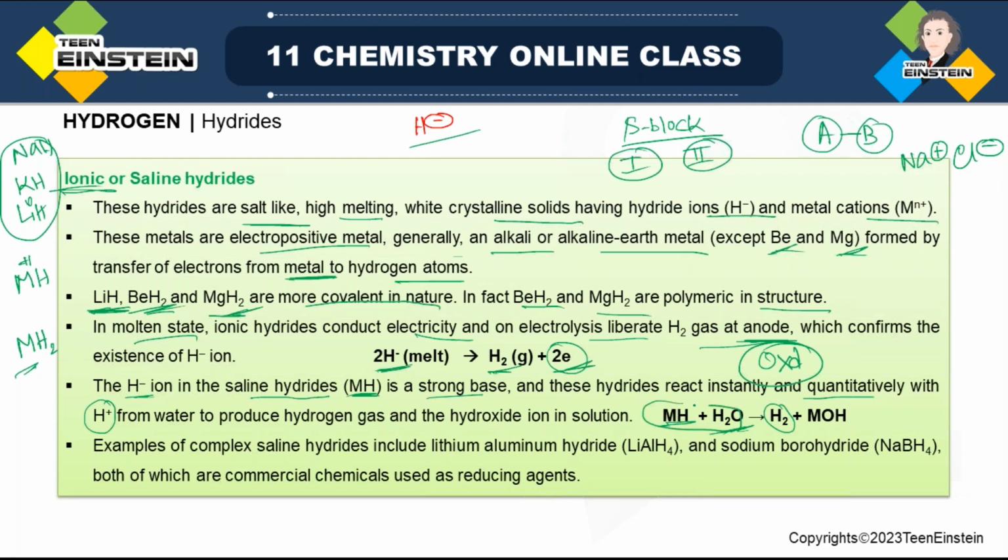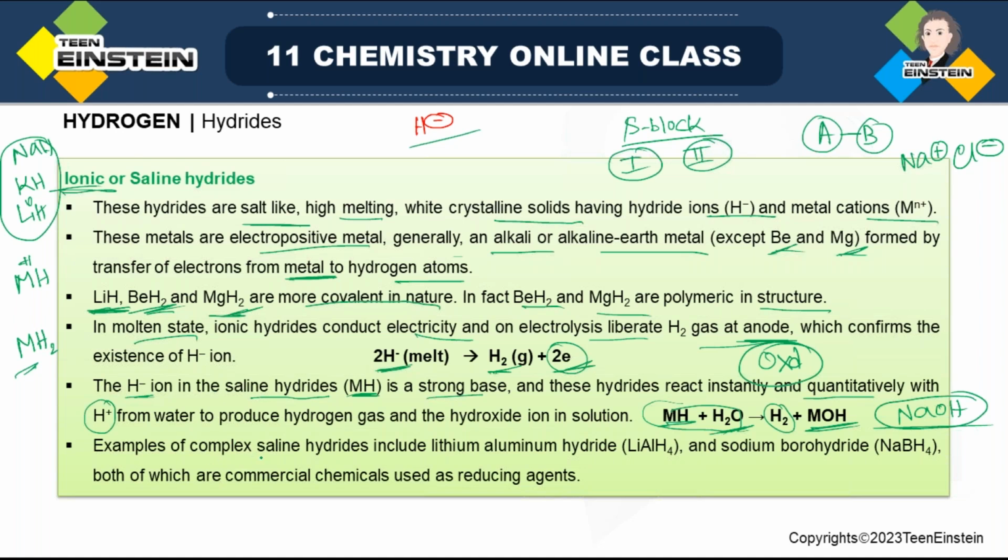So whenever this reaction occurs, there will be a large amount of production of H2, and hydroxide is produced. Suppose you have taken metal sodium, so the hydroxide will be NaOH or KOH. So it is producing a basic solution.